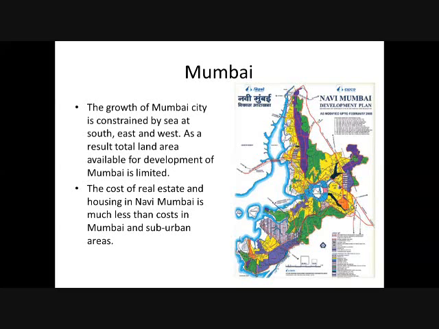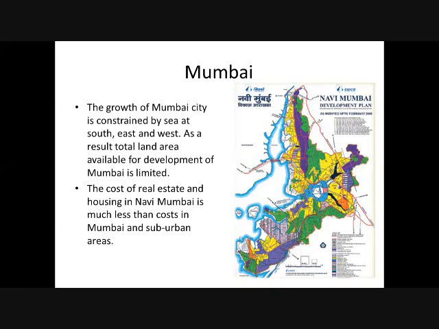We start to see high density in many parts of the city. So the cost of real estate and housing in Navi Mumbai is much less than in Mumbai and suburban areas because of this crowdedness.